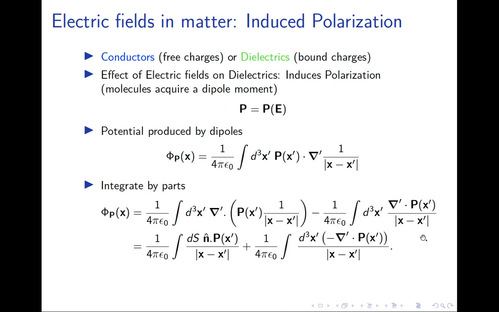The first term is the total derivative, the divergence of a vector, in a volume integral. Most of you know what Gauss's theorem tells you: the divergence of a quantity integrated over a volume is equal to the surface integral of the same quantity over the surface.